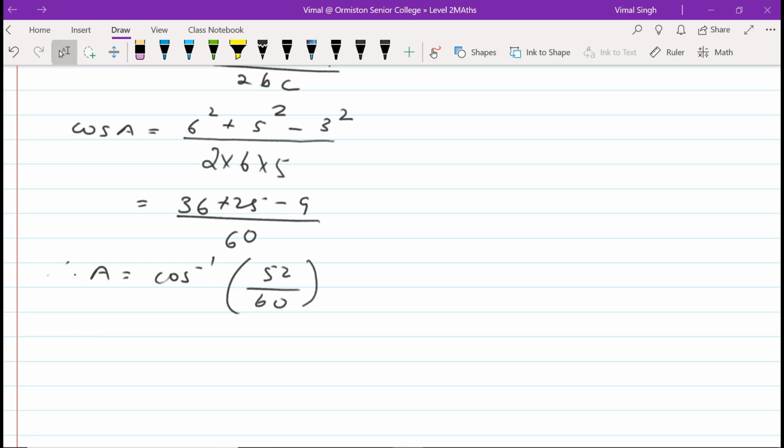So shift cos inverse of 52 divided by 60, angle A is going to be 29.926. I'm going to write this as 29.9 degrees correct to 1 dp. And that is the size of that angle.